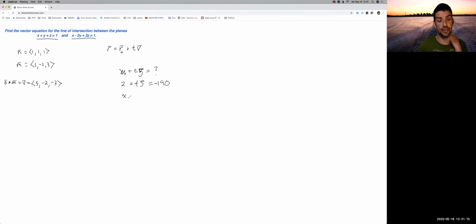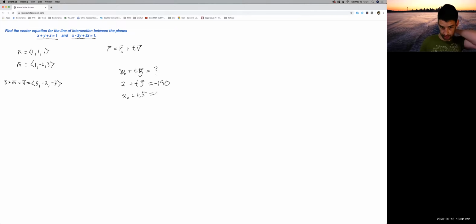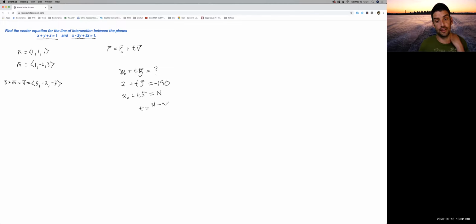More generally, X0 plus T times 5 equals some number, let's call it N. We just need to find the T that makes it true. Well, that's just going to be N minus X0 divided by 5, right? Doing that algebra. So again, once we know a point, if given any point on that line, we can get to any other X value through this equation.